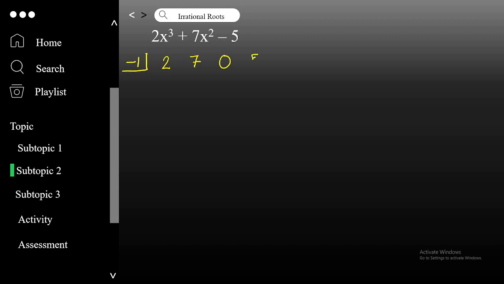And then you have the number -5. Let's do synthetic now. Bring down 2, multiply, that's -2. This is 5. When you combine, then multiply, that's -5. This is -5, by the way. -5 multiply, that's +5. This is 0. And take note, if you express this as an expression, it is not factorable.